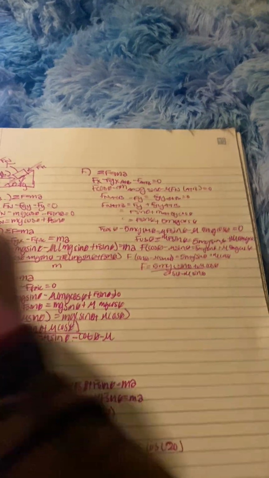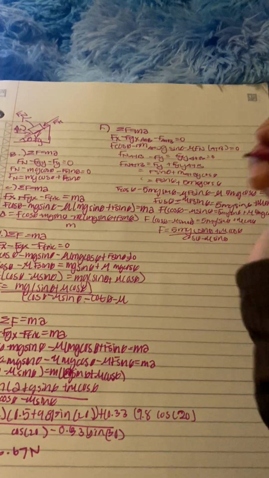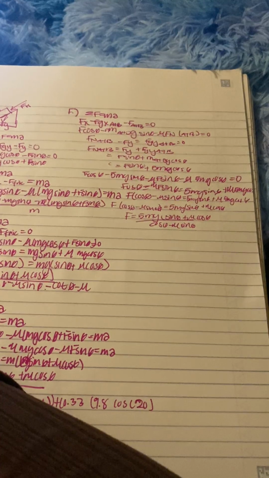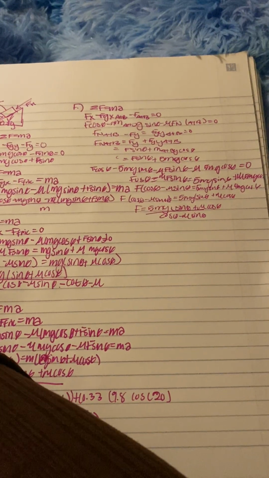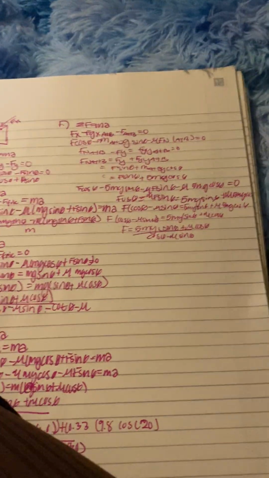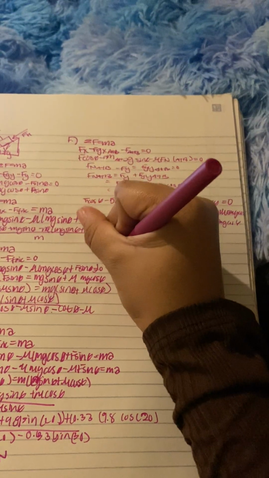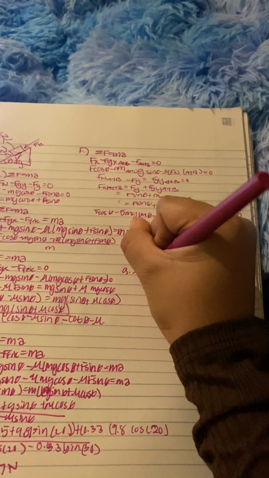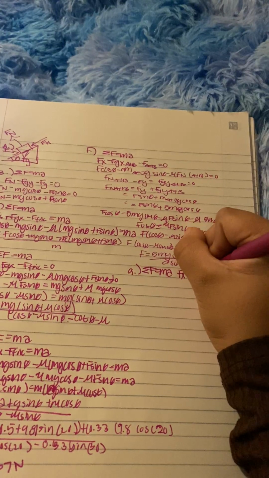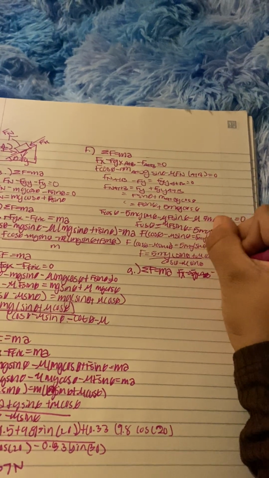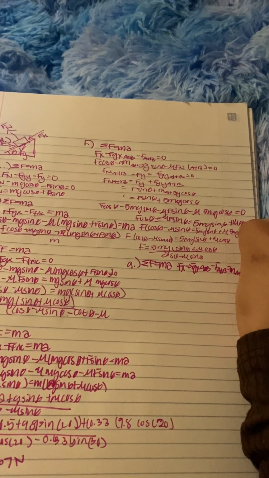Part G says if m is 2, theta is 20, mu is 0.33, calculate the force F required to accelerate the block up the ramp at a constant rate of 0.5. You can do the net force equals mass times acceleration. You can do F of x minus Fg of x of a plus b minus F friction of a plus b equals m of a plus b times a.